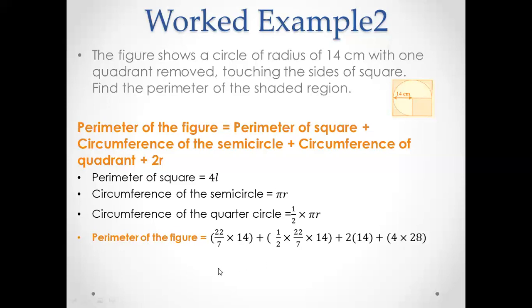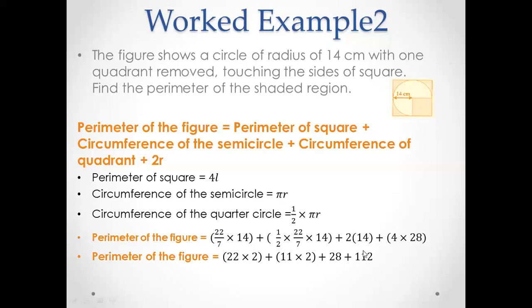By simplifying this equation, we get 22 multiplied by 2, because 7 and 14 simplify to 2. When we simplify 1 upon 2 multiplied by 22 upon 7 multiplied by 14, we get 11 multiplied by 2, because 2 and 22 can be simplified by 11, and 7 and 14 can be simplified by 2. So we are left with 11 multiplied by 2.